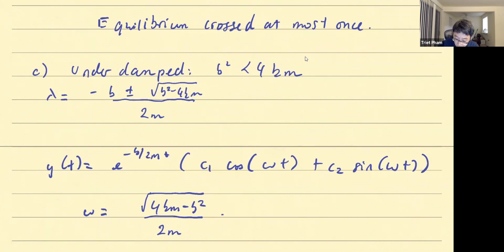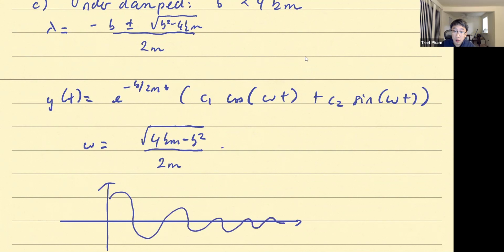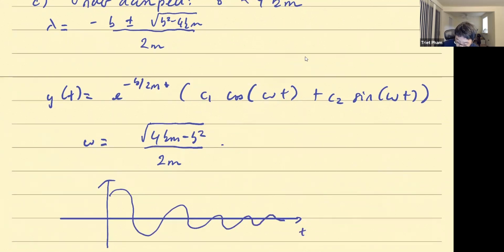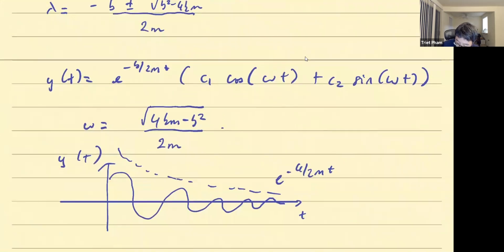So first, the oscillation picture will be something like this. You will have oscillations, but smaller and smaller, down to 0. My picture is not to scale, but it's basically enveloped by e to the minus b over 2m times t, and then this.